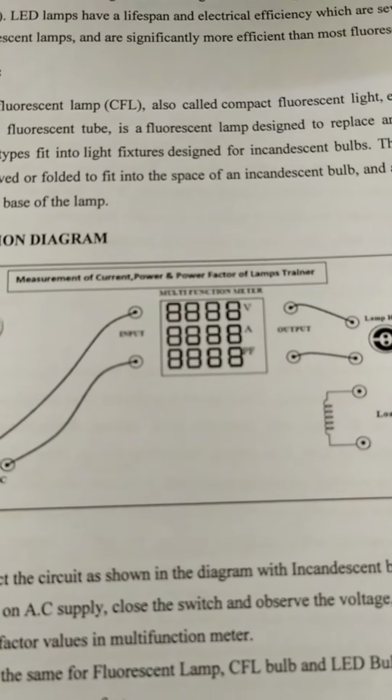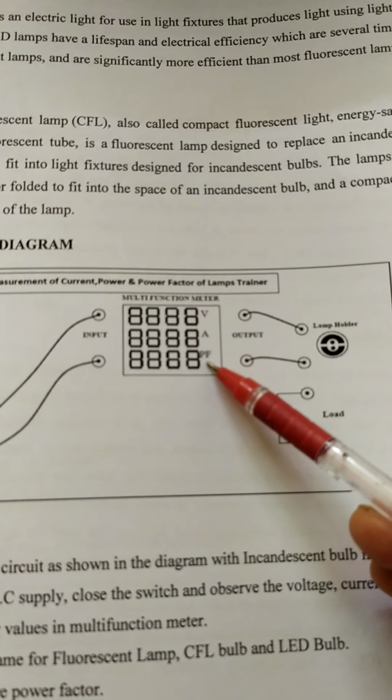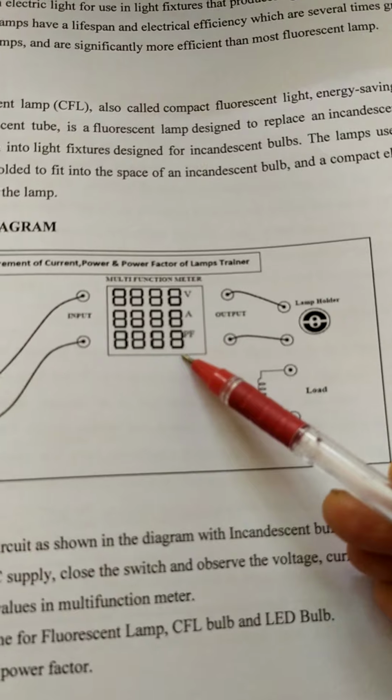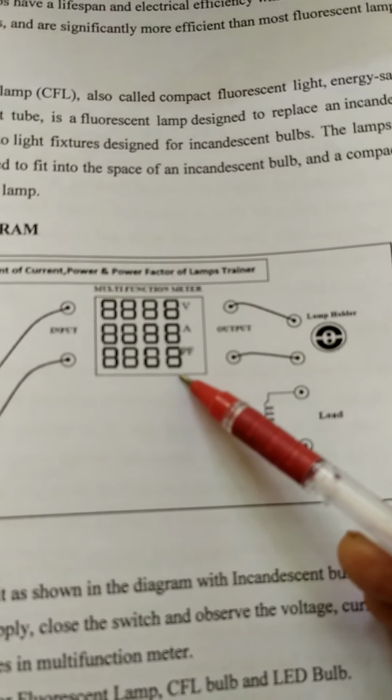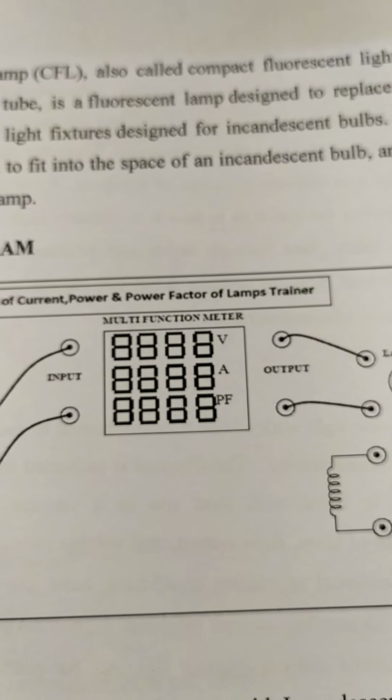Now which type of meter we are using? In the module we have a multifunction meter which gives you voltage, current, power and power factor all together. This is a digital multifunction meter which is used for measuring all the parameters at once.